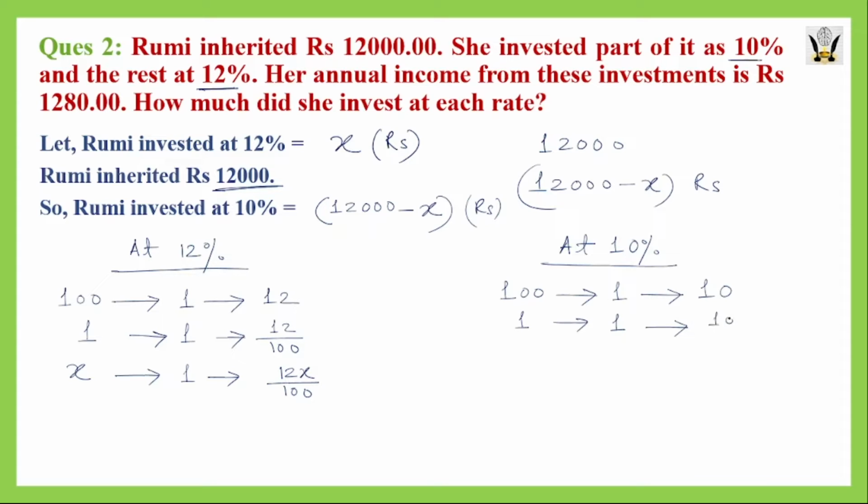It will be 10 divided by 100. That means when the amount that she has invested here is 12,000 minus x, how much will she earn in 1 year at the same rate of interest? It will be 10 times 12,000 minus x, divided by 100, the way we did for the other rate of interest.